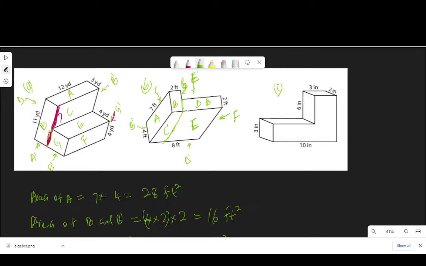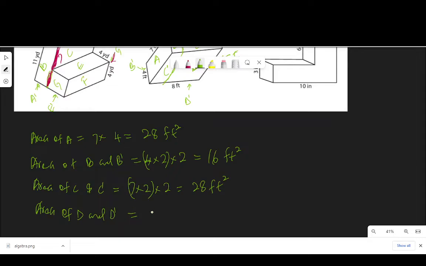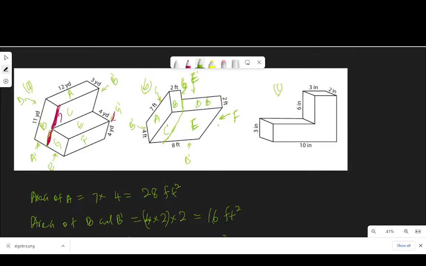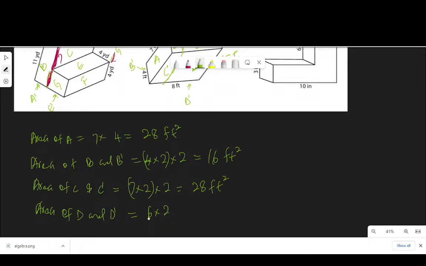That means the remaining one from here to here will be 8 minus 2, which is 6. The 6 multiplied by the width, which is 2, times the 2 of them, that is D and D prime. 6 times 2 is 12. 12 times 2 is 24. 24 feet square.